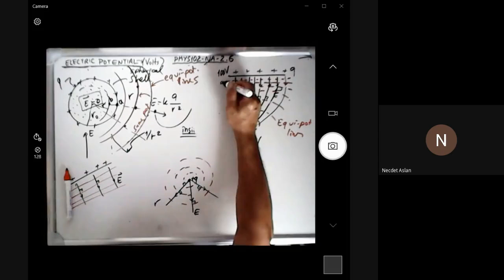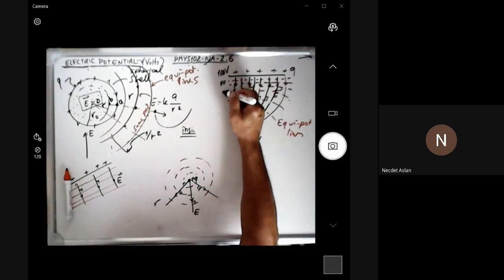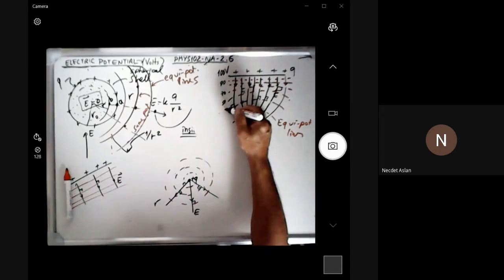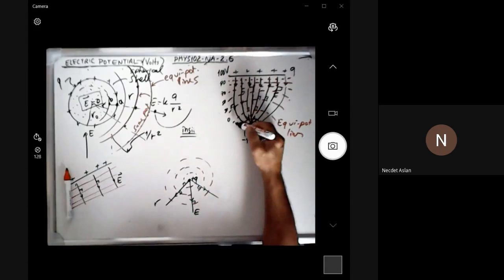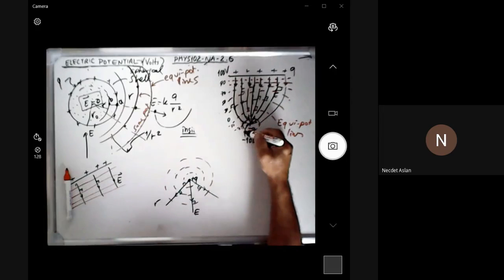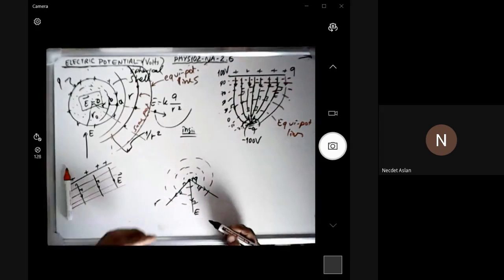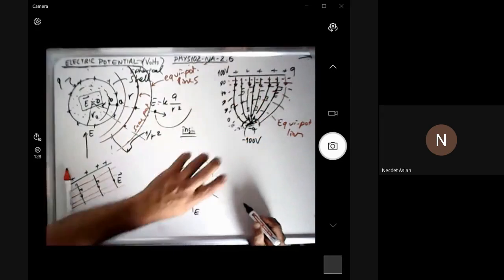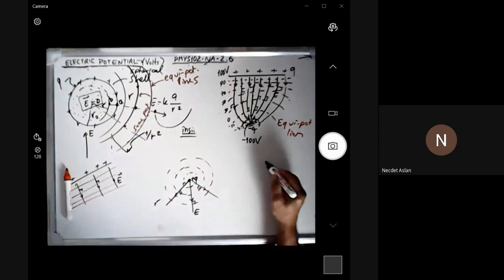So maybe this is 90 volts, maybe 70, 50, 30, 0, and then minus 50, minus 70, and minus 100 here, very near. As you see, the equipotential lines will have some curvature as they get closer to the point charge.